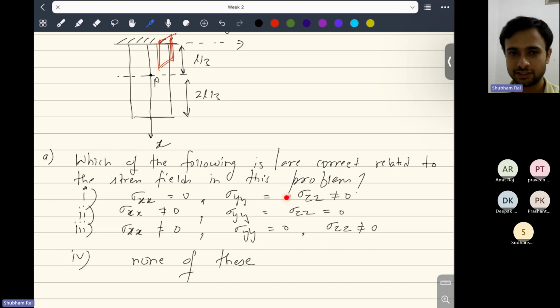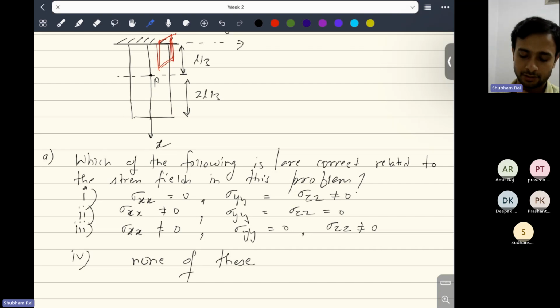Also there will not be any shear force because this is acting uniformly. It is uniform across this cross section. If there will be some distributed force, then some shear may also come in this plane. But this is not a distributed force across y.